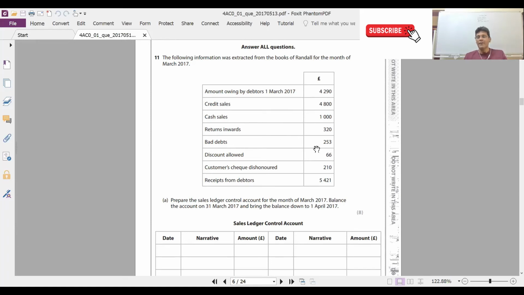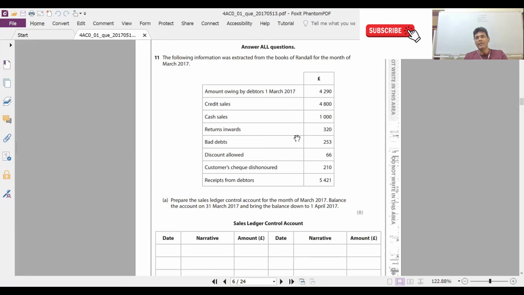Bad debts. I will discuss this. When you sell on credit, you will have customers. Then you need to collect money from the customers. The customer might not pay due to many reasons, maybe because the customer is bankrupt, or let's say the customer has died.